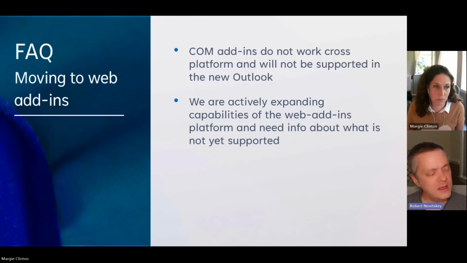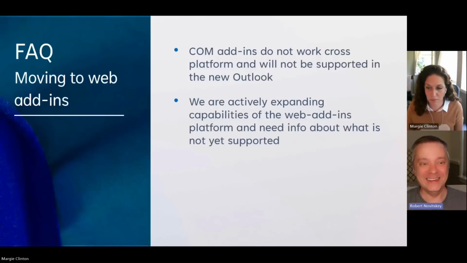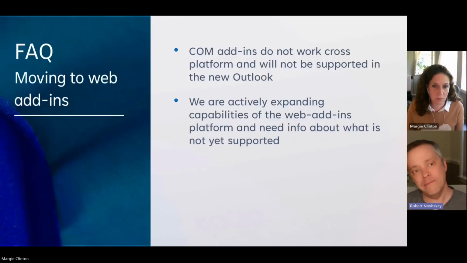And so the thing about rebuilding all of that is rebuilding classic Outlook. And so we really are trying to look at this like a forward-looking web-based add-in model as one that can be both great for the new Outlook for Windows, but also works cross-platform.